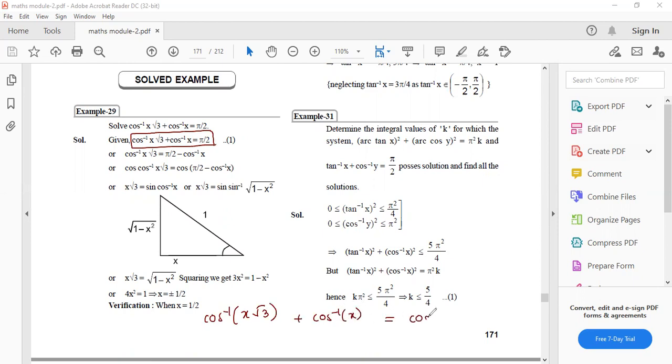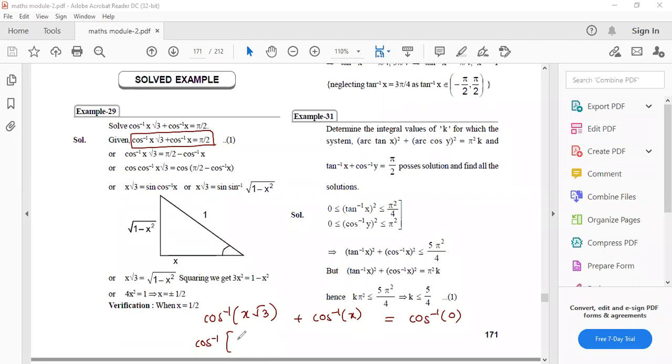Can I write pi by 2 as cos inverse of 0? And just now you focused on cos inverse x plus cos inverse y. What did you learn?